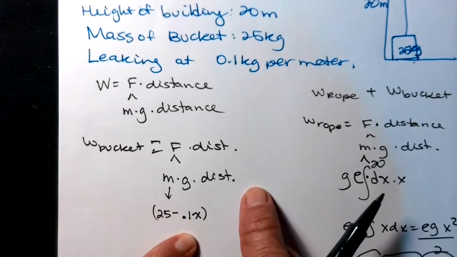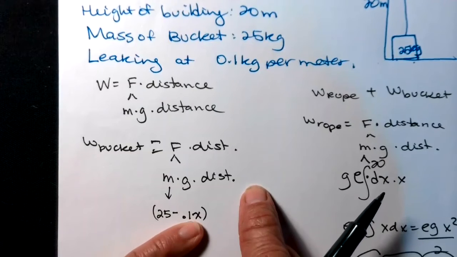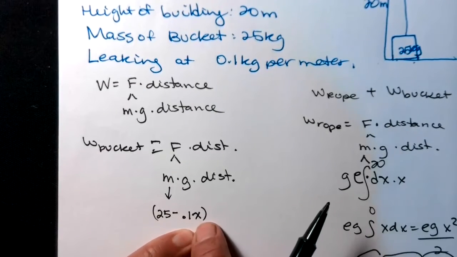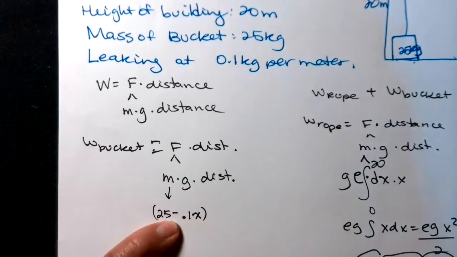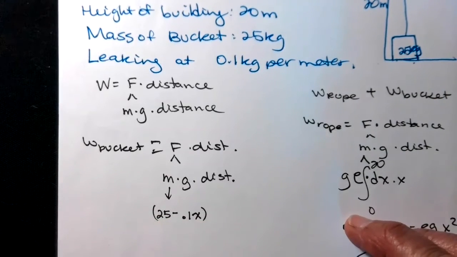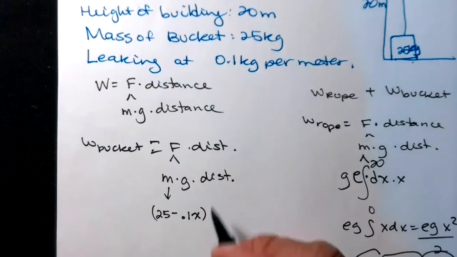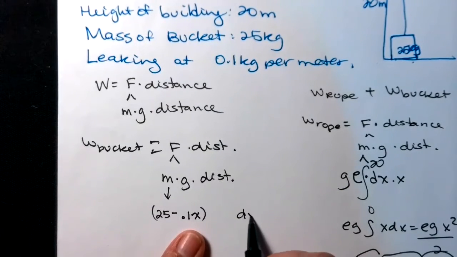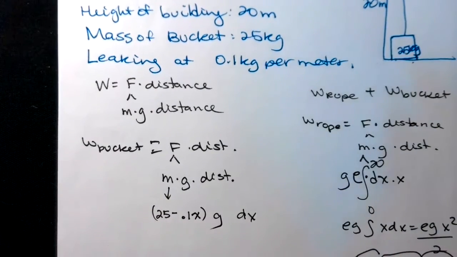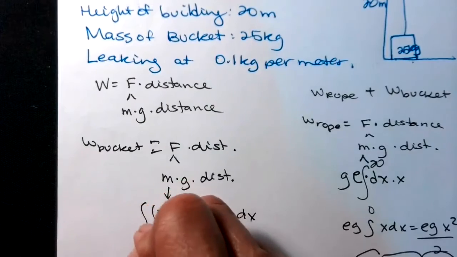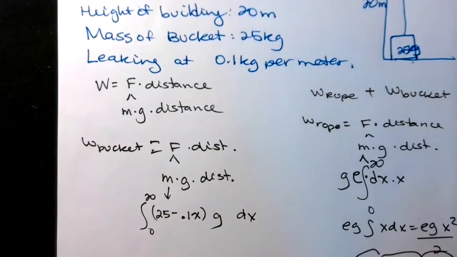And then as soon as it moves, the mass changes because it loses a little bit more. It's not that it goes up a meter and then it loses 1/10 of a kilogram. It's losing as it goes. So my distance is actually dx. And then we have our g. And again, all those little dx's that move go from 0 to 20.